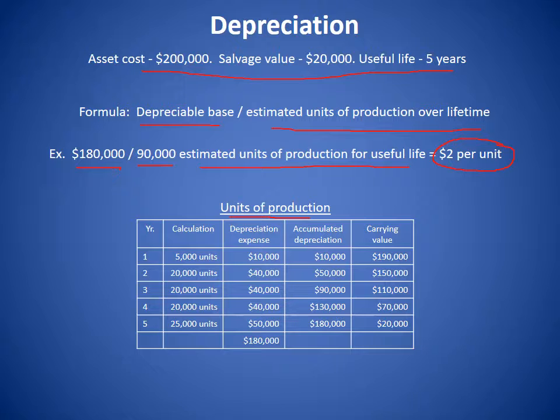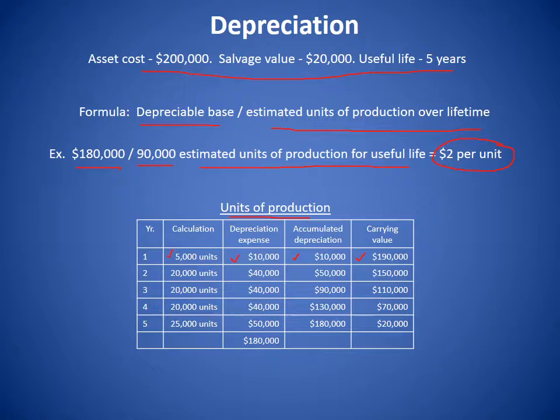And it's a simple matter then of doing the calculation. If in year number 1 we produce 5,000 units, 5,000 units times $2 per unit equals $10,000, and that equals our accumulated depreciation for year 1. And the $200,000 asset cost minus its accumulated depreciation gives us a carrying value of 190.